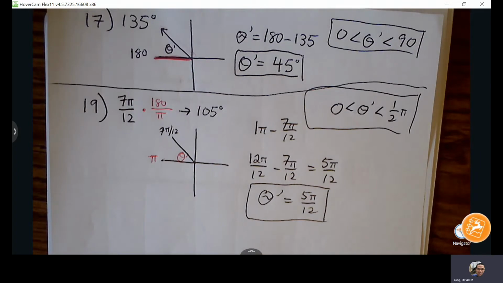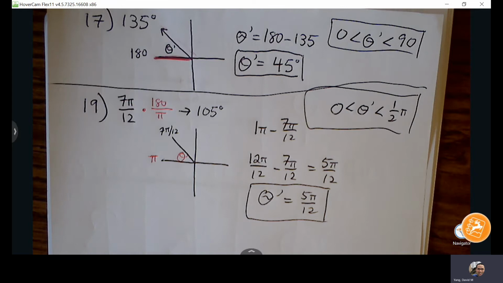So a couple of things. We have to know what reference angles are. We have to be able to identify where that angle is. If it's not a degree measure that we recognize, we have to add or subtract 360 until we can identify where that terminal side is. And then we also have to be able to do that in terms of radians.